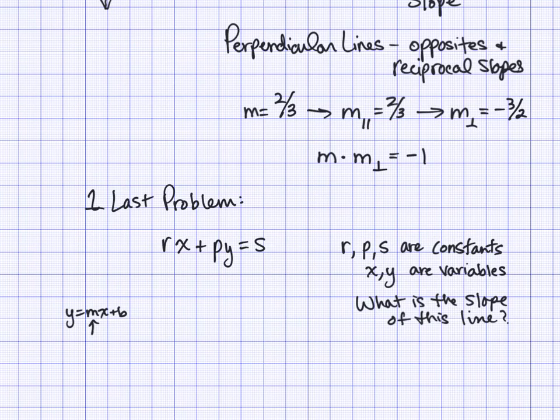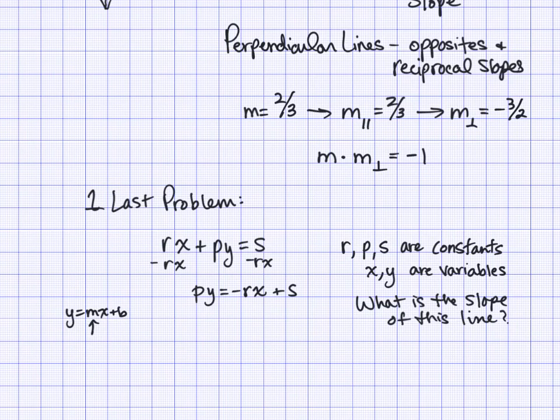So I'll tell you what, let's rearrange this so that it's in slope-intercept form. I'm going to move this whole term, negative Rx, to the other side, and that's going to leave me with Py equals. Now remember, in slope-intercept form, the x term usually comes first.